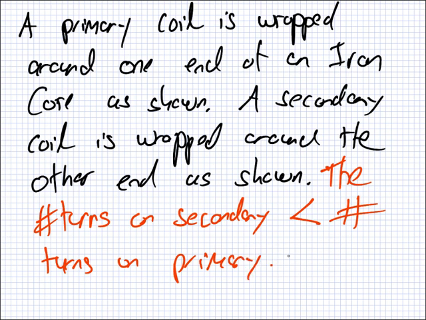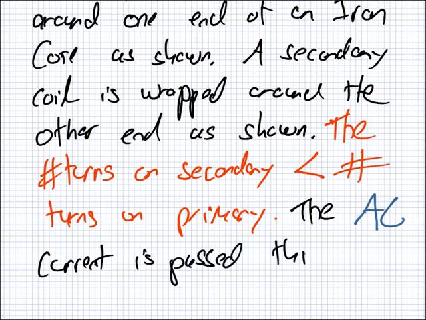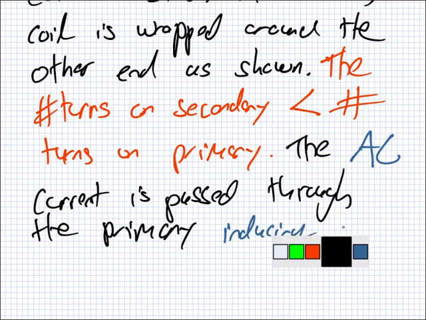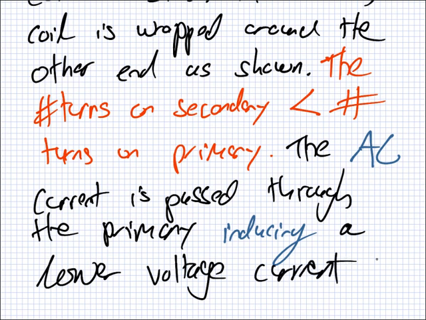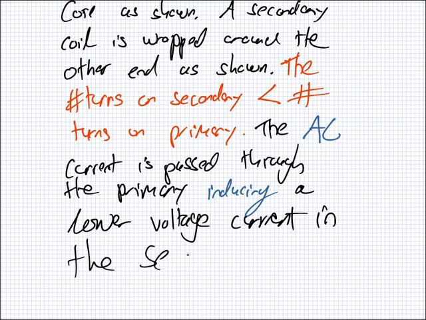And then you have to say, and this is important also, Matt, AC current is passed through the primary, inducing a lower voltage current in the secondary.